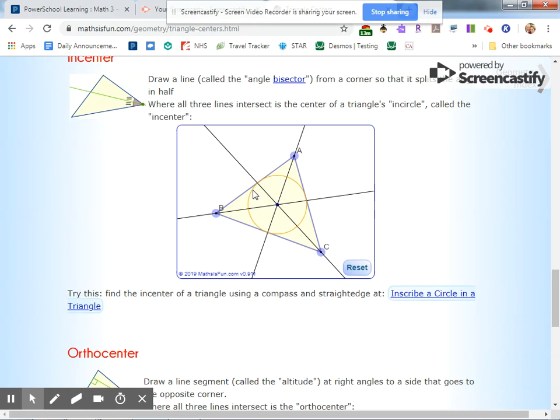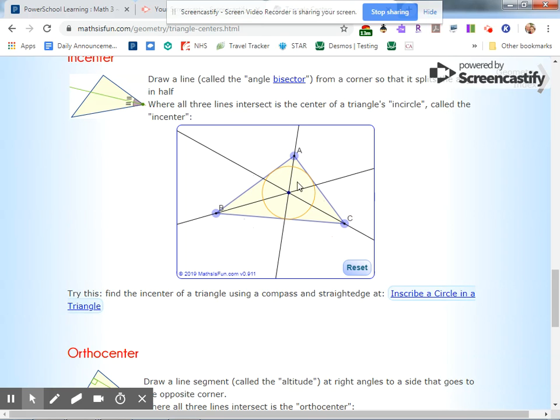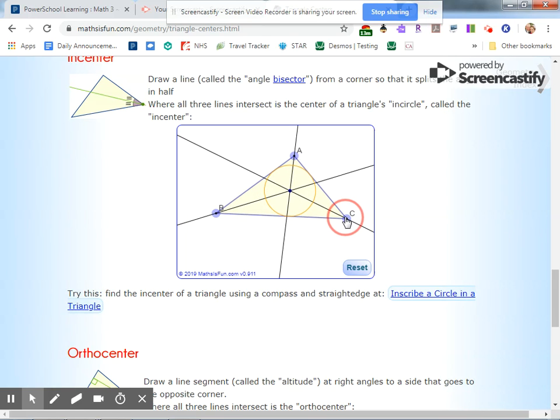Notice here there's a circle inside of our triangle. That is an inscribed circle. That means it's inside of the figure. And notice what it does. It extends to all the sides of the triangle.